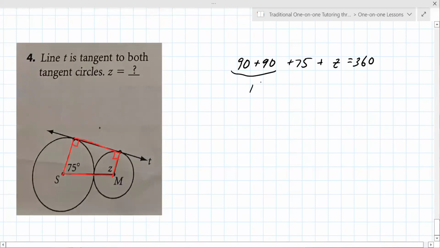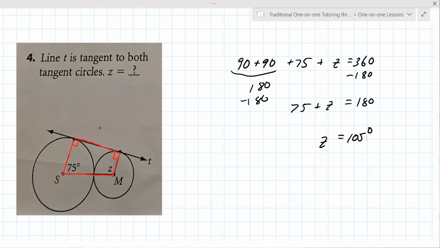Let me give you a suggestion: 180, like you said, if you subtract that, it gets down to 75 plus Z equals 180. Oh, that's an easier way to do it. That would be 105. Yes, that's it, use 105. I kind of like this tangent thing. It makes you have to guess less.